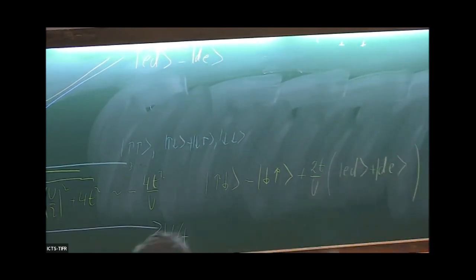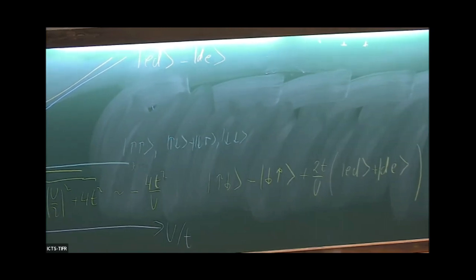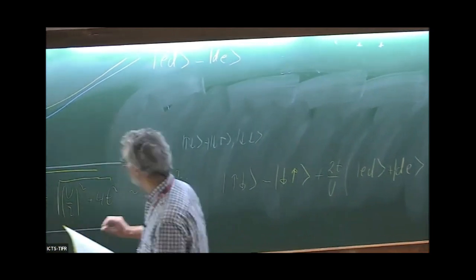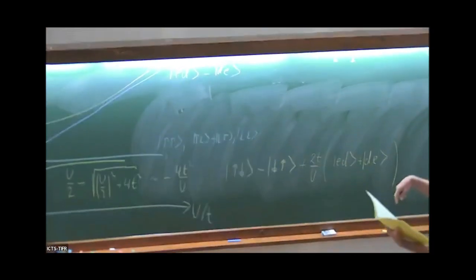So what do we learn here? Okay, so let's first write the effective Hamiltonian, and then we will discuss what happens. How to write the effective Hamiltonian? So we have two spins. This is a triplet, this is a singlet, and the singlet is lower in energy.